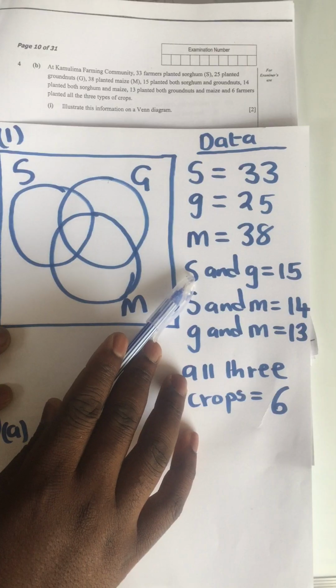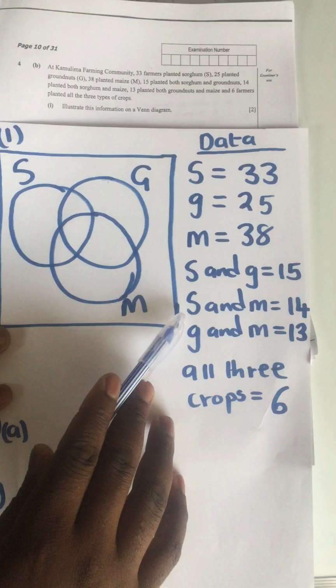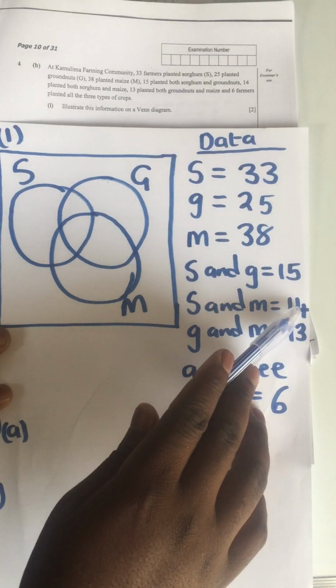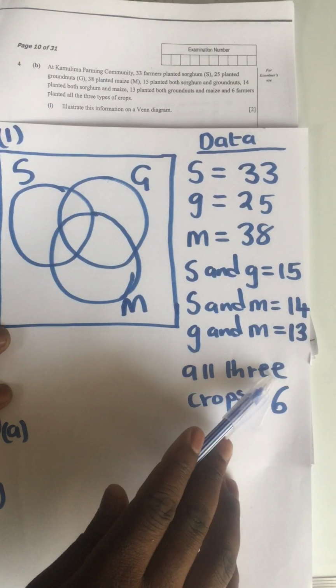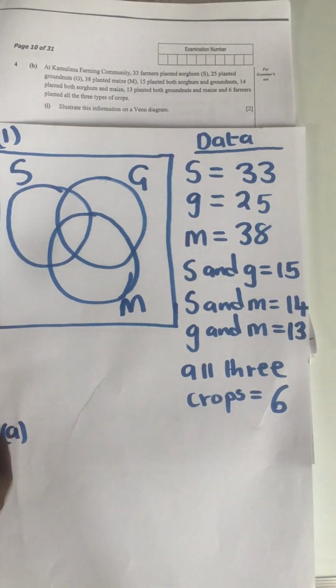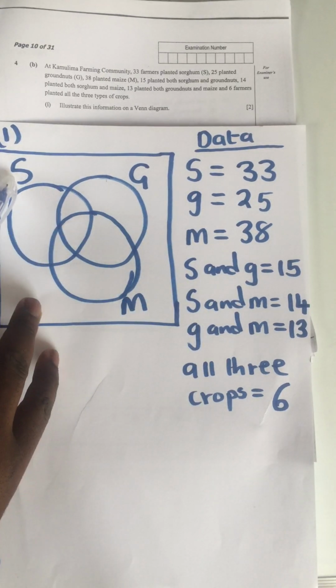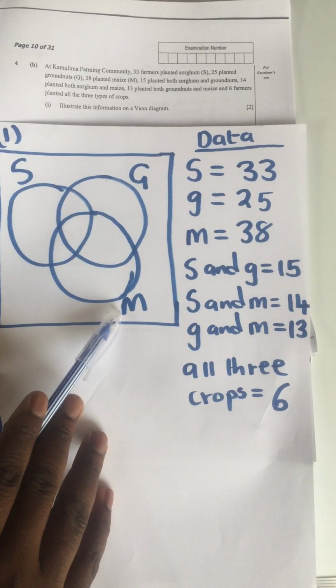The people who planted 2 types of crops: sorghum and groundnuts 15, sorghum and maize 14, groundnuts and maize 13. All the 3 crops, they were how many? 6. And since you know that there are 3 crops, when you are drawing a set, you draw it like this. The first crop is sorghum, then groundnuts, maize.